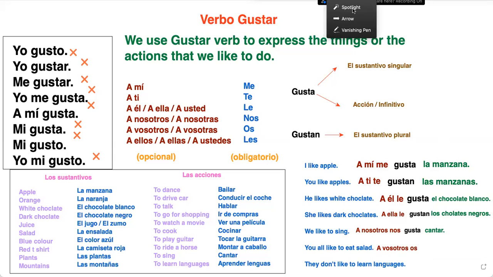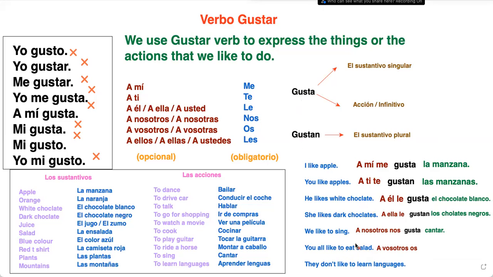Again, two possibilities. Gusta, gustan. To eat salad. Salad is singular. However, my question is, will I focus here? Of course not. Absolutely not. I will focus on what is just after the verb like.